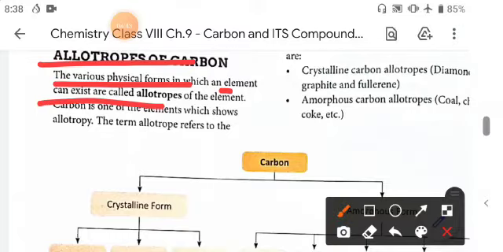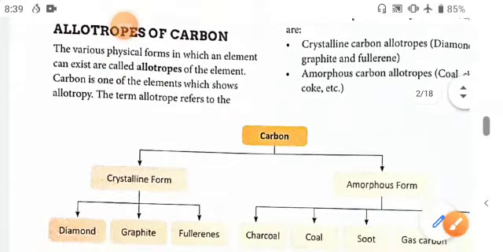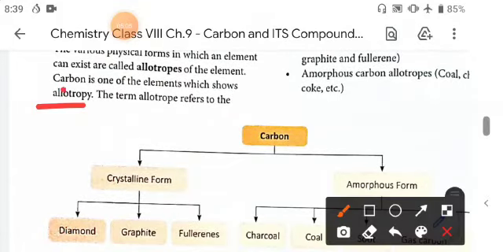That means allotropes of carbon are other physical forms of carbon. Carbon is one of the elements which shows allotropy. That means other elements also have the same property as carbon, and show allotropy.